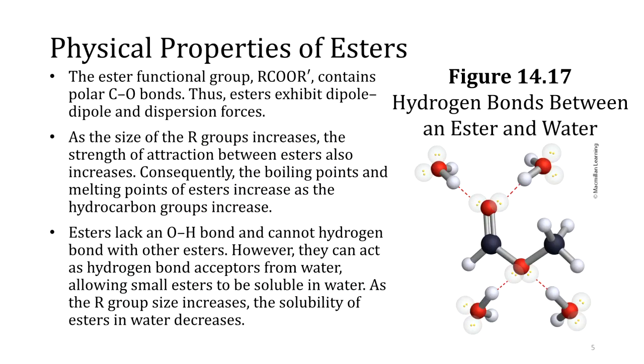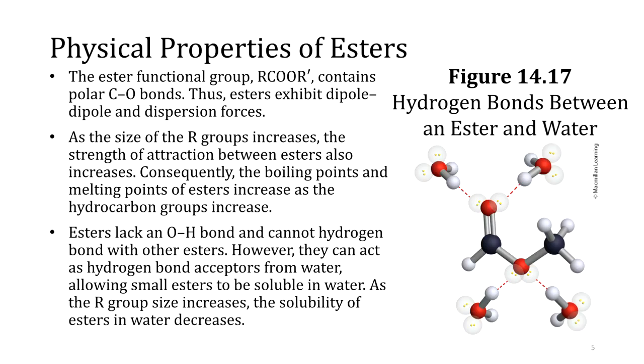The ester functional group has polar carbon-oxygen bonds, so it exhibits dipole-dipole interactions which are quite strong. And as the R group gets bigger, the strength of the attraction between the esters goes up, but it's really due to the overall size, the dispersion force effect.